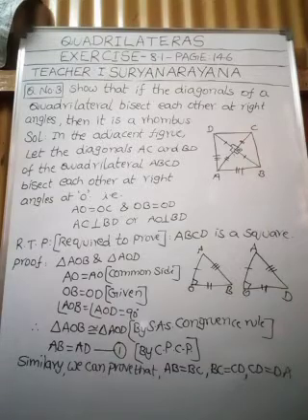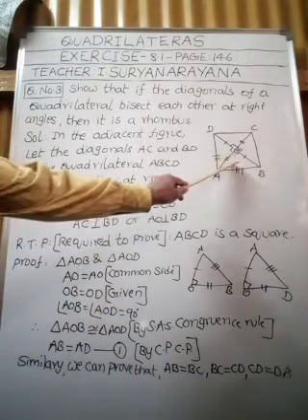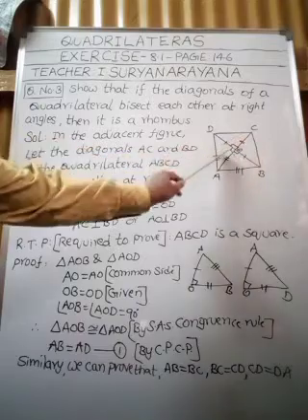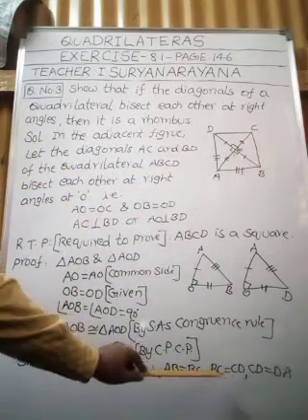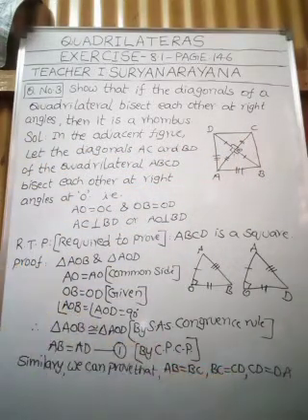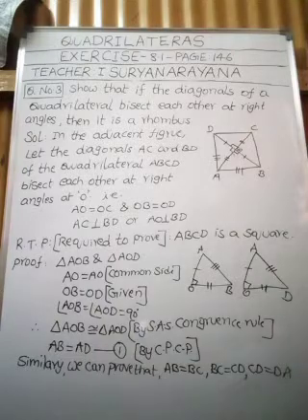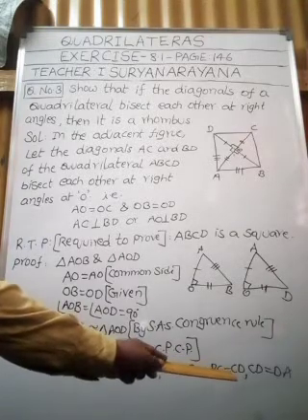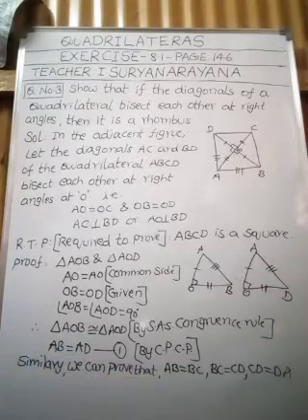Okay, my children, by taking these pairs of triangles, we can prove all these statements. There is no need to prove all of them. Understood this one?